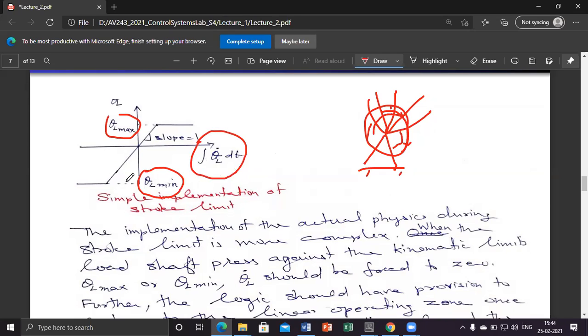So finally, what I'm telling is there is a dynamics associated with the actuator stroke limit. The dynamics is nothing but the integration of acceleration to generate velocity and the integration of velocity to give deflection. But in your amplifier, there was no dynamics.